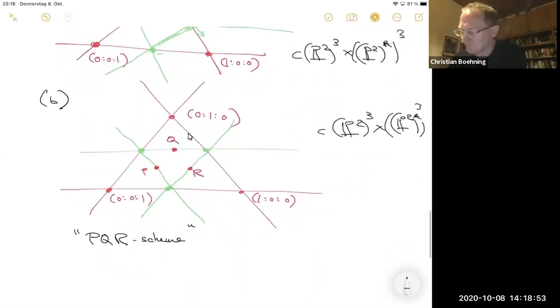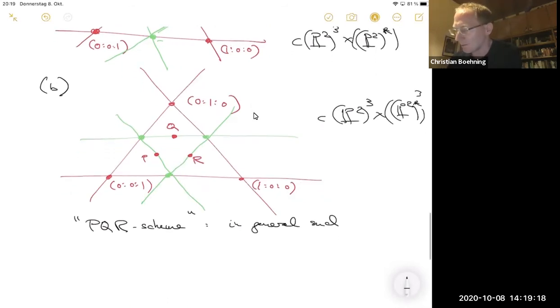And it turns out if you do the computation, or you can also see it abstractly, but you can just compute that in general, such a PQR scheme consists of 2 reduced points, but it can happen that in special cases you get a non-reduced point, a double point, just a double point in the affine line.